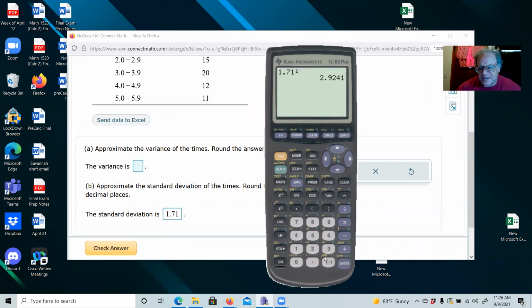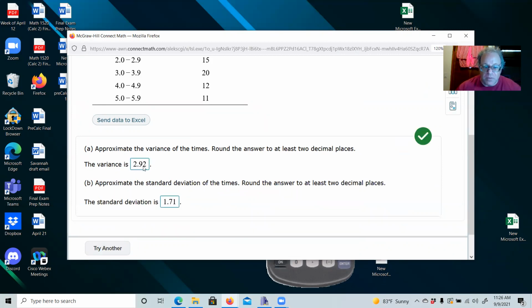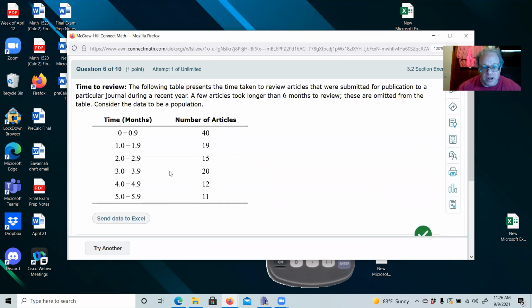That's how I get the variance, 2.92. So we'll go ahead and check. Close enough.